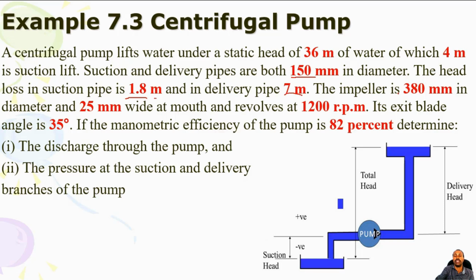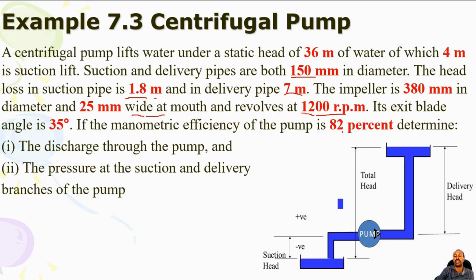Then the impeller is 380 millimeter diameter and 25 millimeter wide at the mouth, and revolves at 120 revolution per minute. Its exit blade angle is 35 degree. If the manometric efficiency of the pump is 82%, determine the discharge through the pump and the pressure at the suction and delivery branches of the pump.